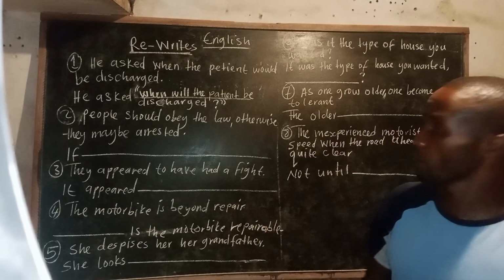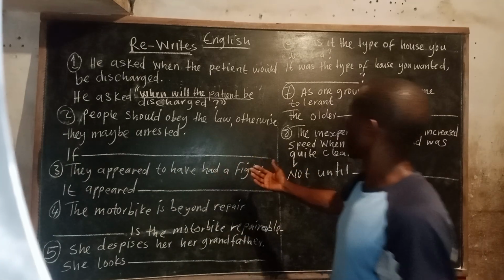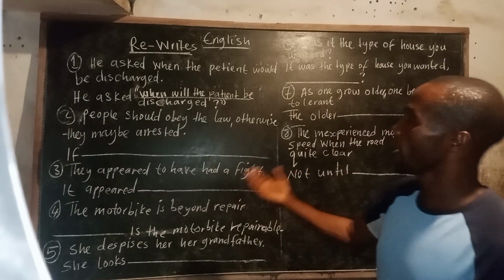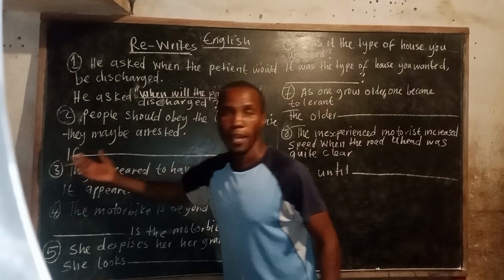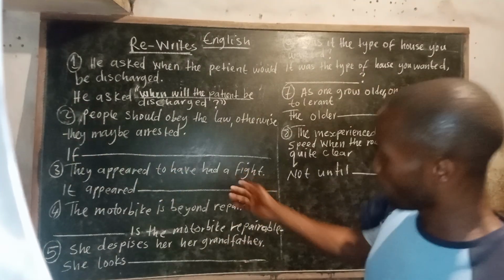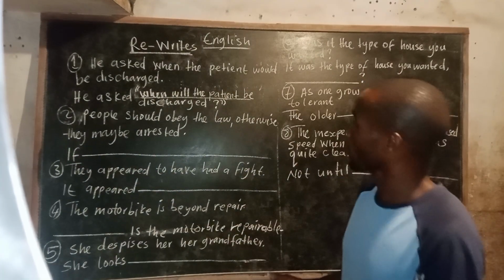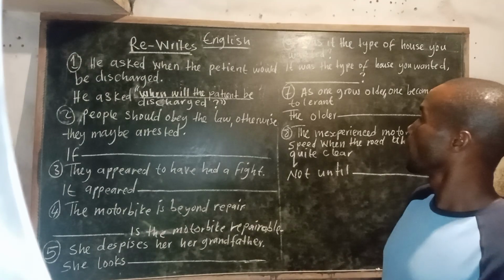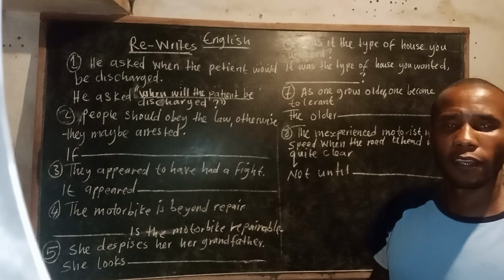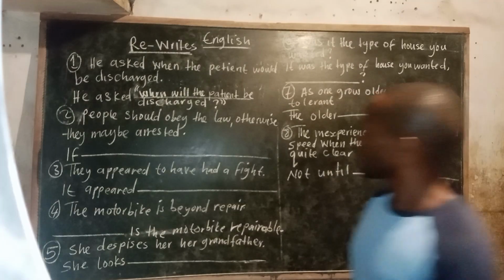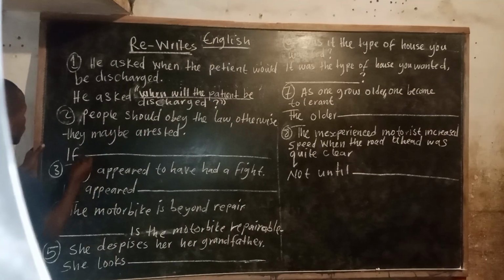Then we go to question number 2. People should obey the law, otherwise they may be arrested. Then they have started for you: if people. How can you rewrite that one? If people do not obey the laws, they will be arrested. That is how you are going to rewrite it.